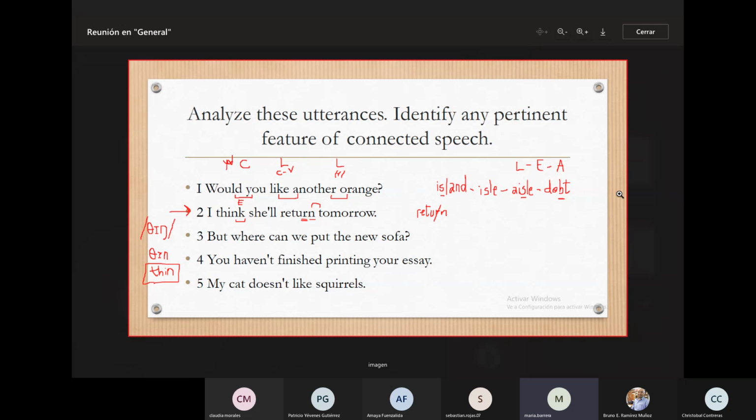I think there's a linking error. All right, linking, where? Can you show me, please? Your essay. Perfect. You got that one. Yes, linking R: your essay. Okay, that's another one. Any other besides the linking R?